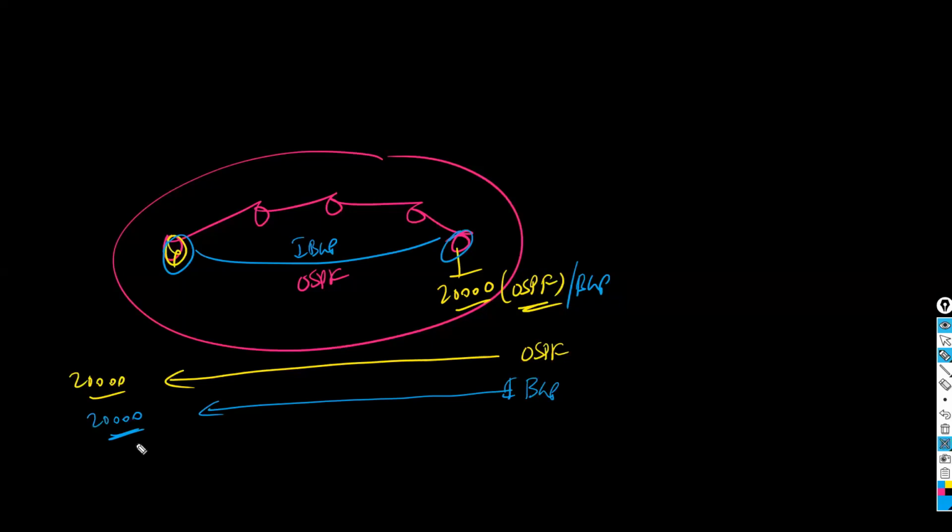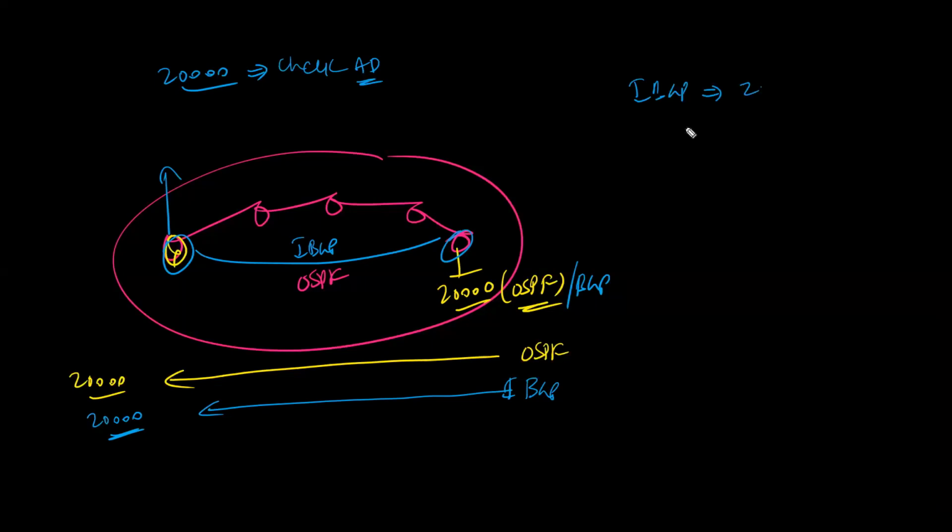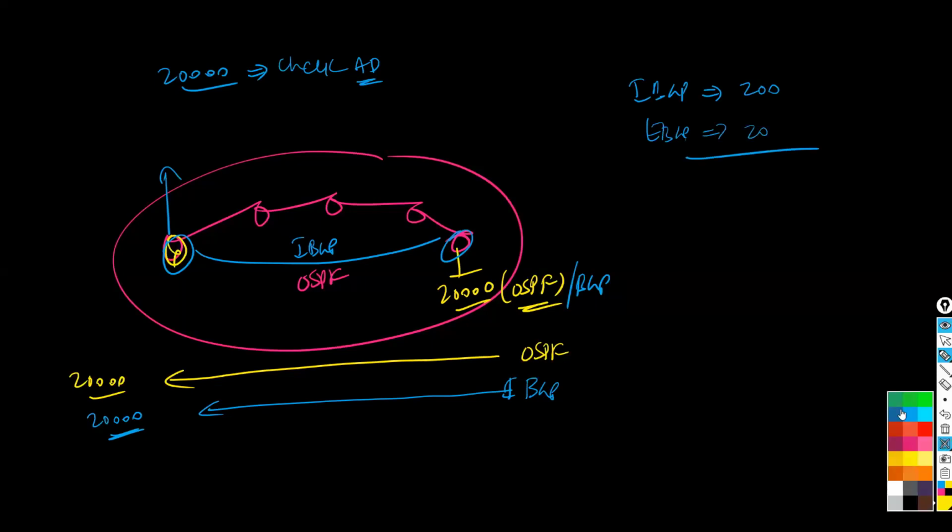Whenever a router receives the same network update from multiple routing sources, it will check the AD value. The default AD value for internal BGP is 200 and for external BGP is 20, because BGP is not designed for inside the AS; it is designed for outside the AS.